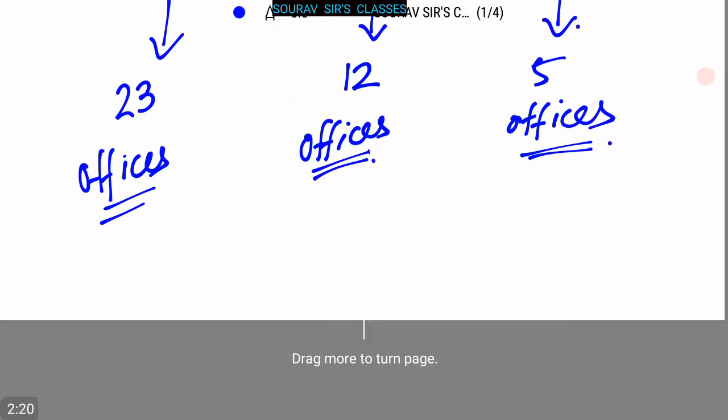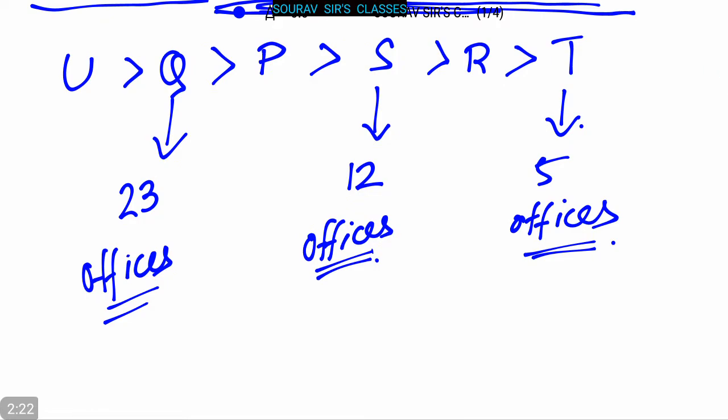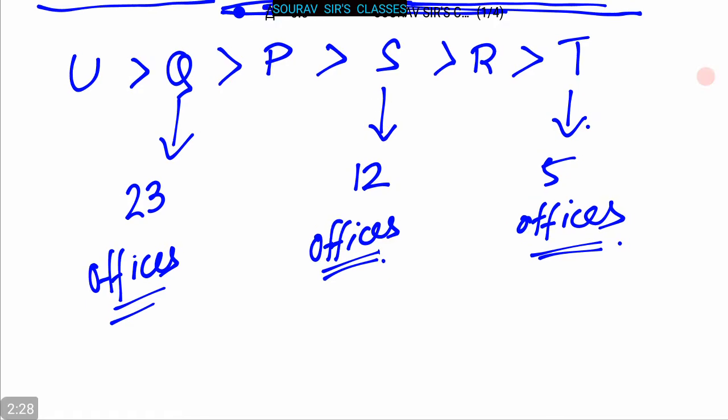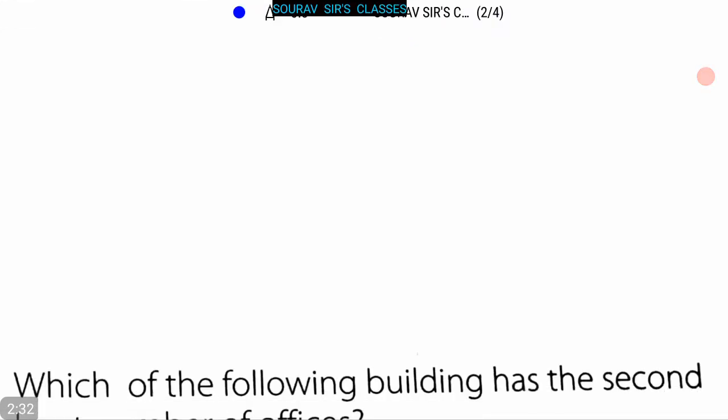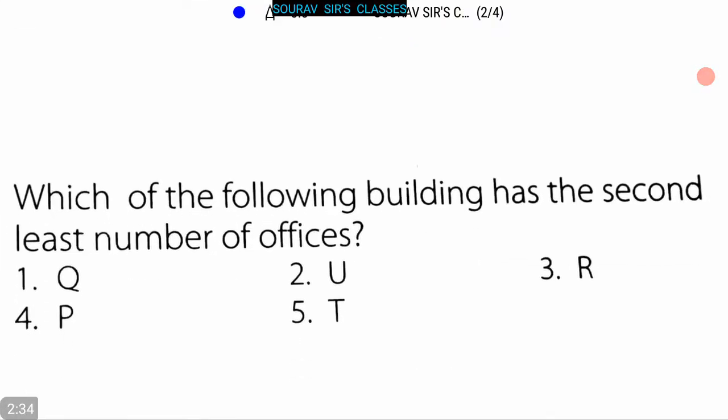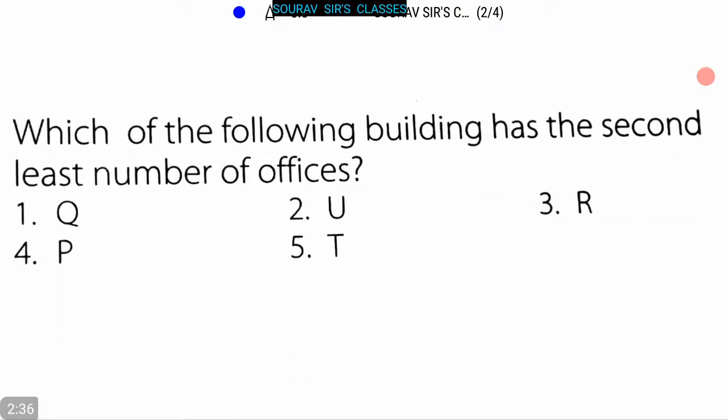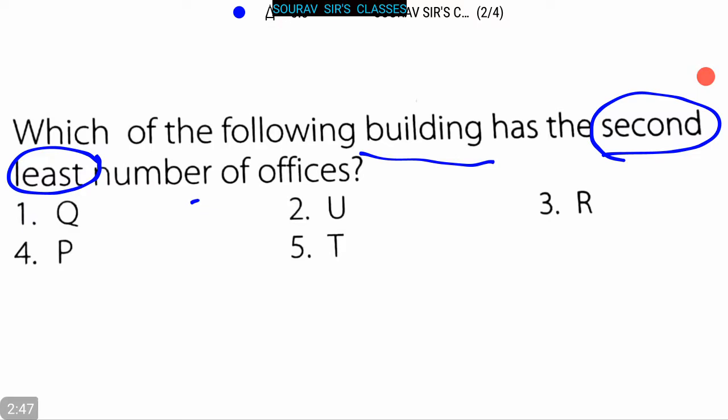Okay. Now let's go to our question. We have already made the sequence of the buildings on the basis of the offices. So here is our first question. The question is, which of the following buildings has the second least number of offices? So we have to find out the building that has the second least number of offices.